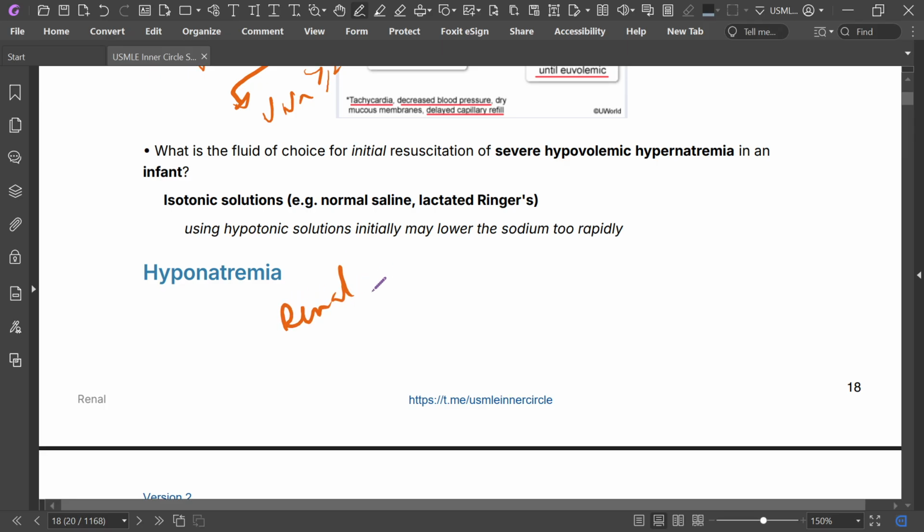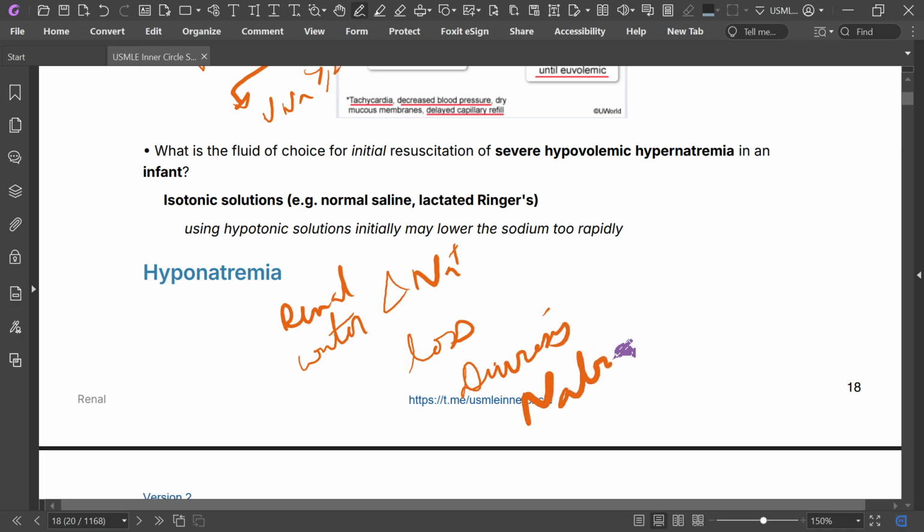renal water and sodium loss. It happens due to diuresis and natriuresis.